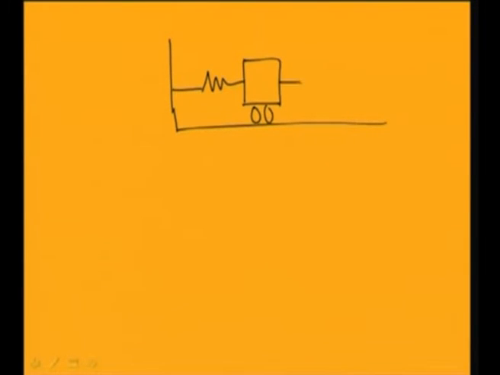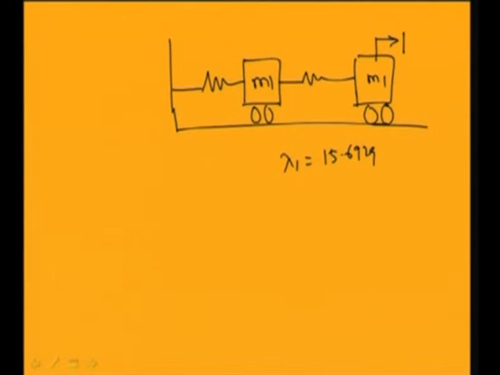Physically, in the spring mass damper system, it means that when the system is moving with the first mode frequency, that is lambda 1 equal to 15.6929, then when mass m2 moves a unit distance, mass m1 will move a distance of 0.3723.